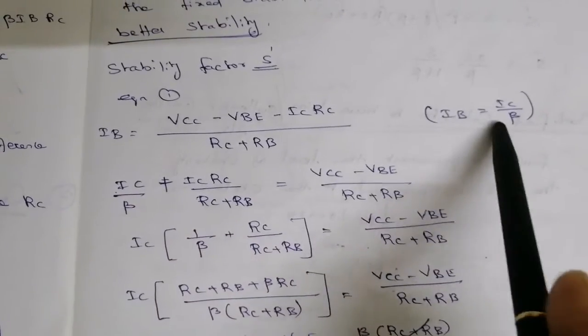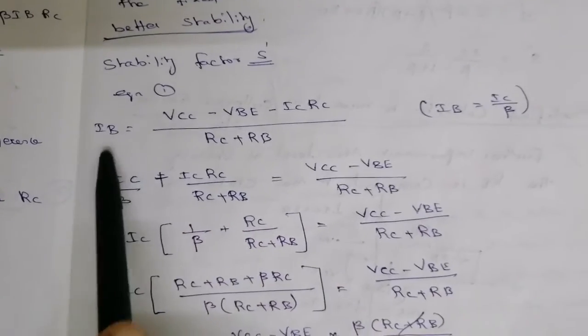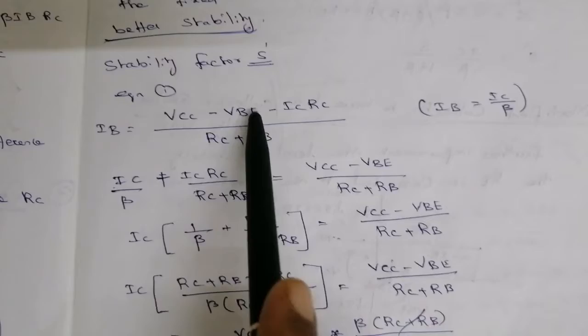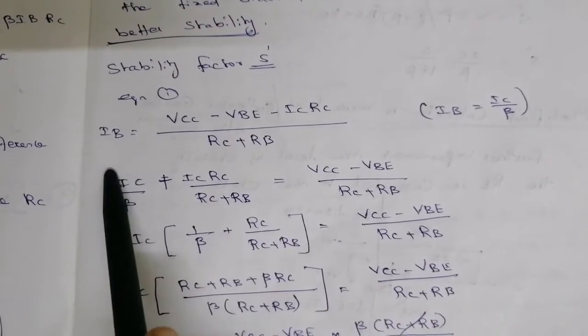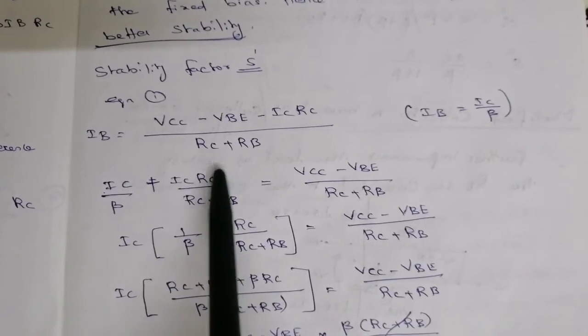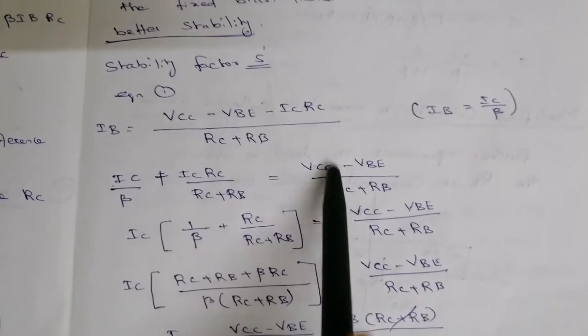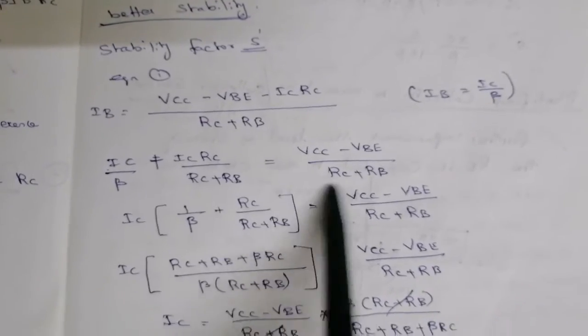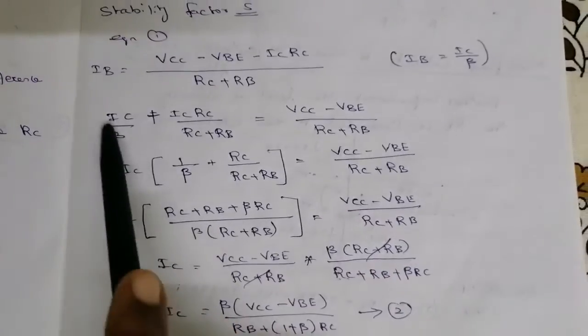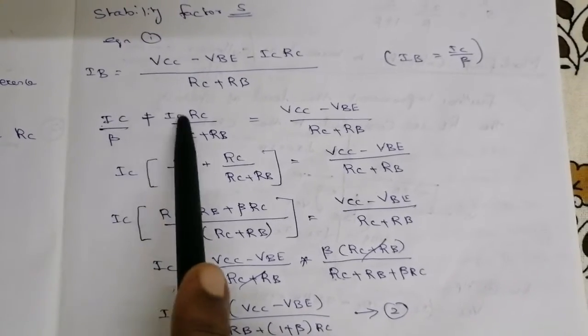By using this equation, substitute IB equal to IC by beta, and this term comes to the LHS side. So plus IC RC divided by RC plus RB equal to VCC minus VBE divided by RC plus RB. Here in both terms we have a common IC.